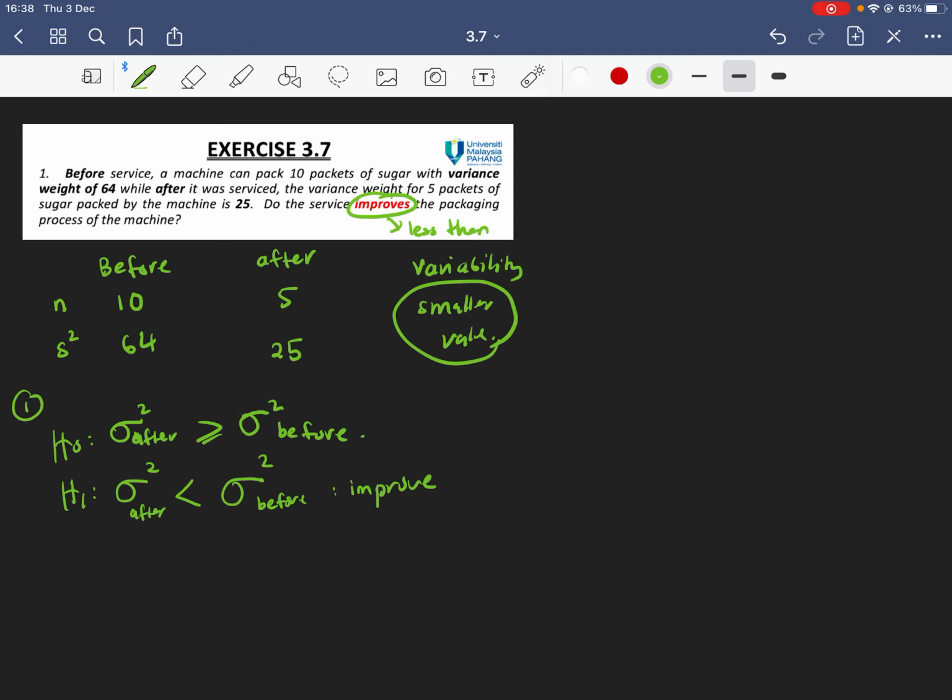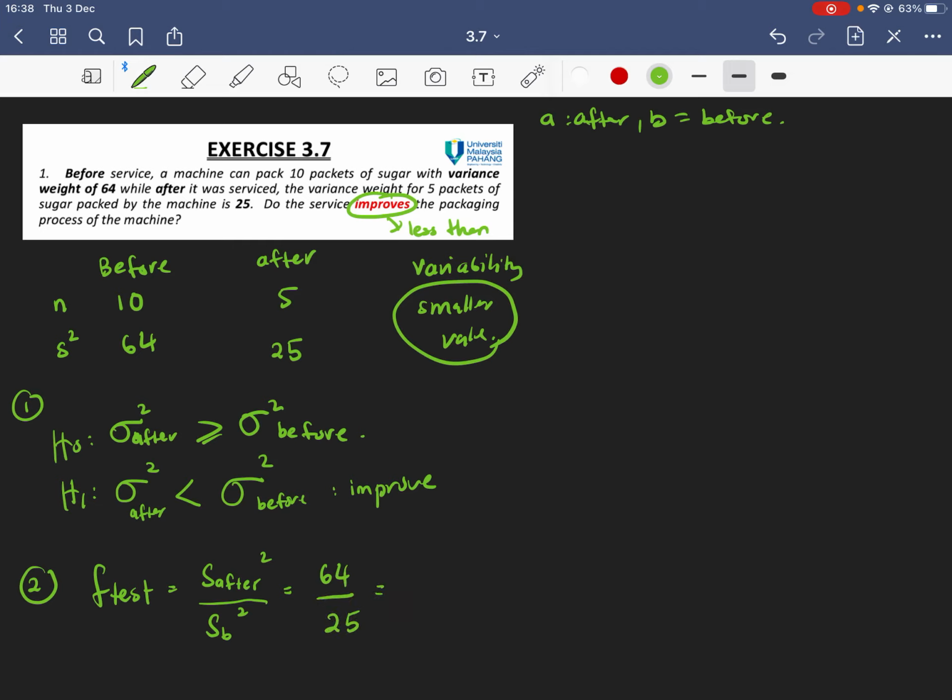Step number 1. Step number 2 is the F test is equal to S1 square, so S after square over S before square. So I will use A for after, B for before. S square after is 64 over 25.